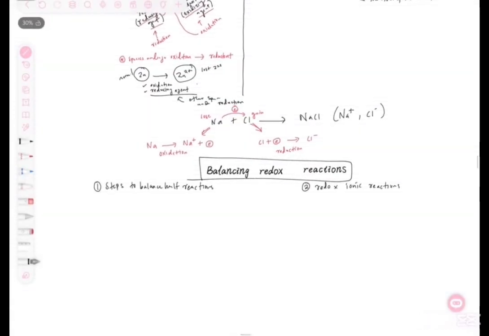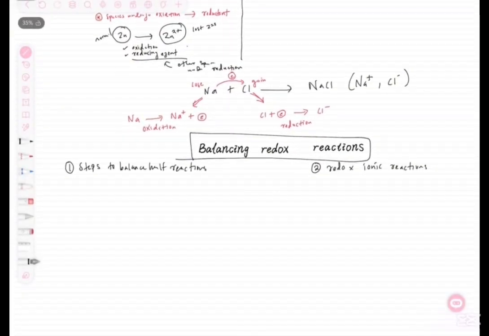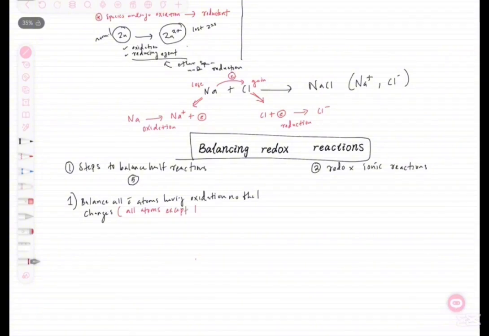Balancing redox reactions. First of all, we are going to focus on the steps to balance half reactions and then the redox ionic reactions. There are 5 steps. Step 1 is we have to balance all the atoms which have an oxidation number that changes, with an exception: all atoms except hydrogen and oxygen.